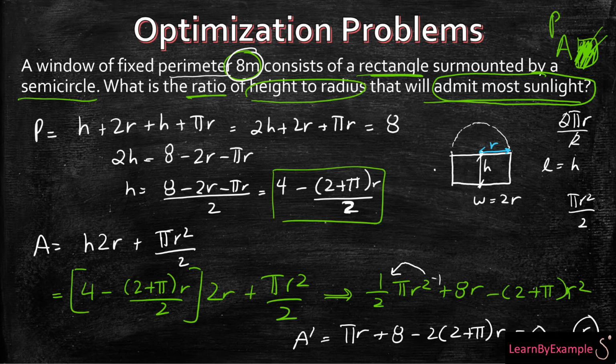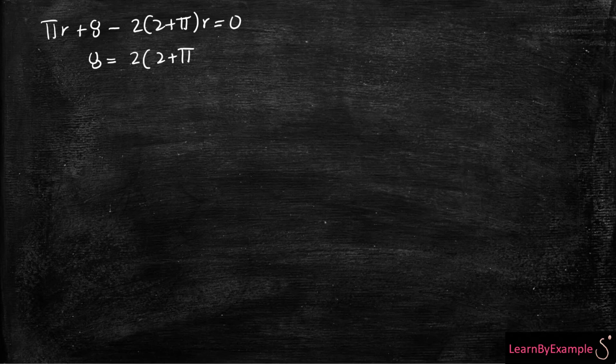So let's do that now. If we have pi r plus 8 minus 2 into (2 plus pi) into r equal to 0, then we can take that over, so it'll be 2 into (2 plus pi) r minus pi r, right? We're equating everything to 8.